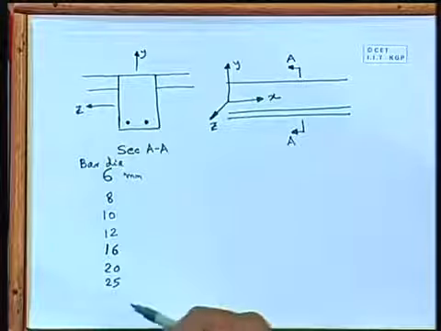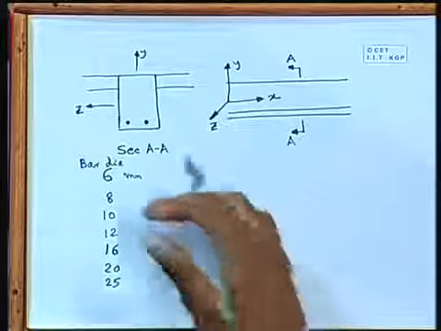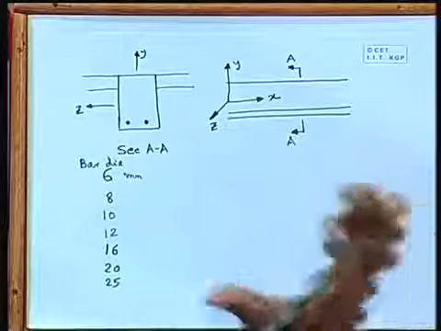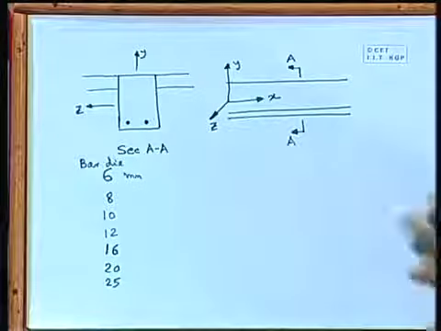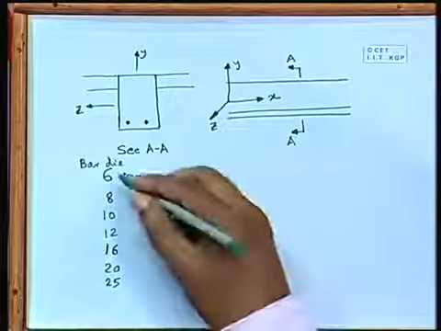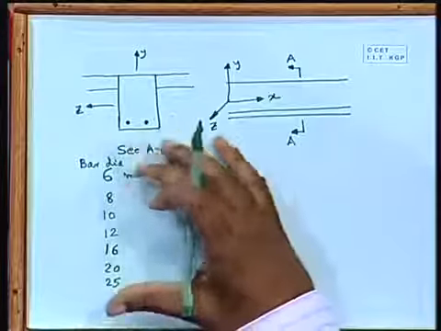So we go in this particular order. There are so many others also, but generally for our residential buildings, school buildings, or the common type of structures, we are happy with this type of bars.